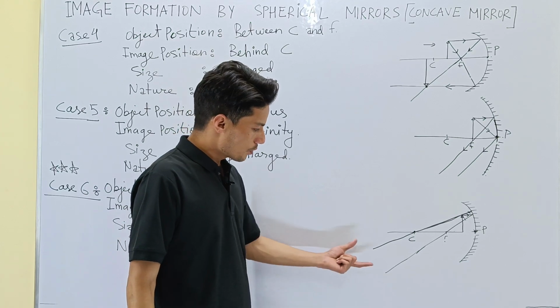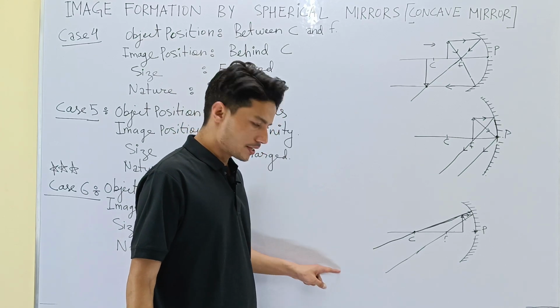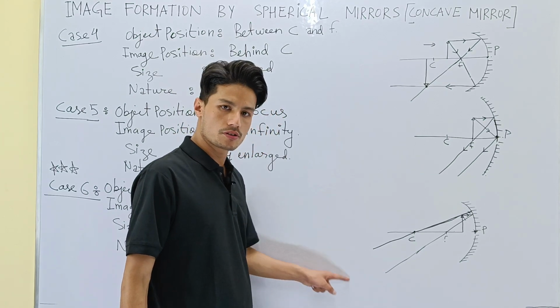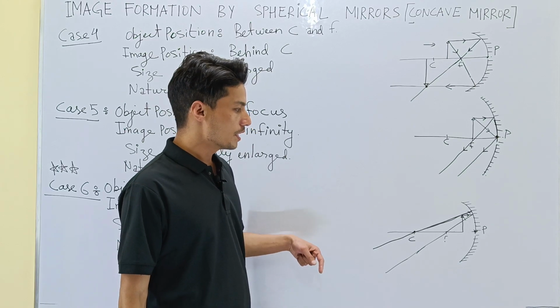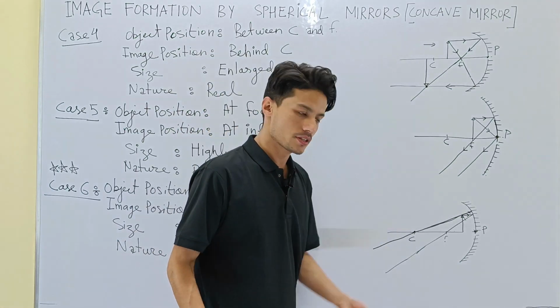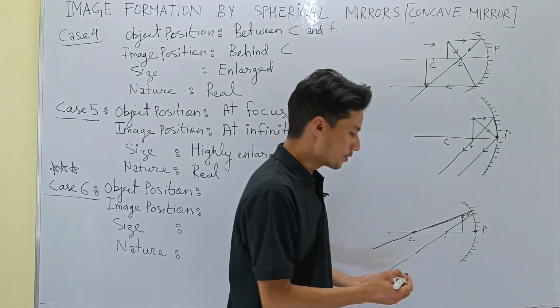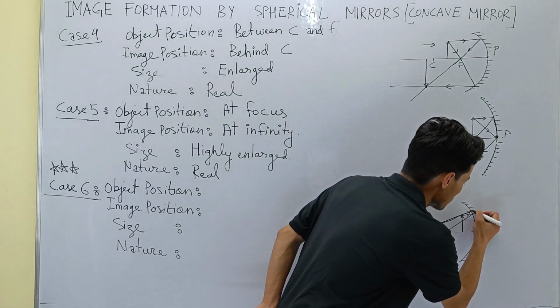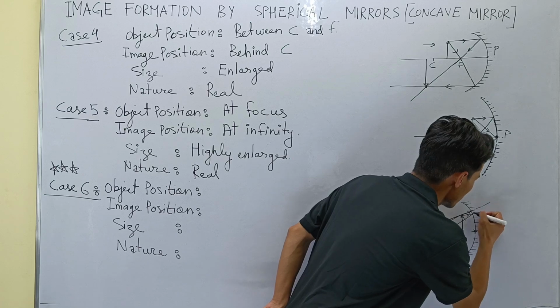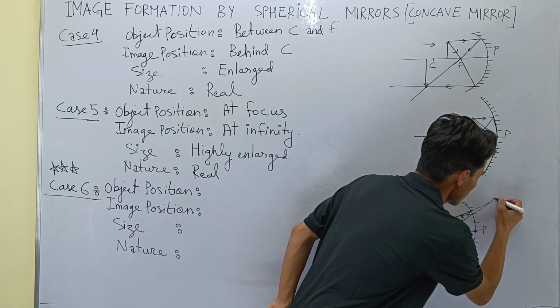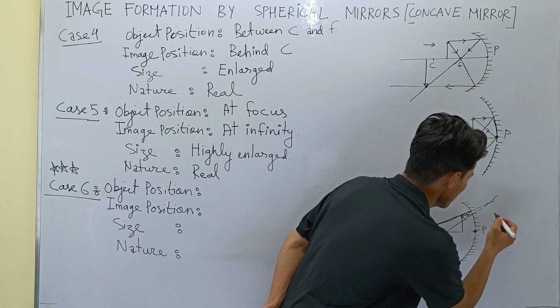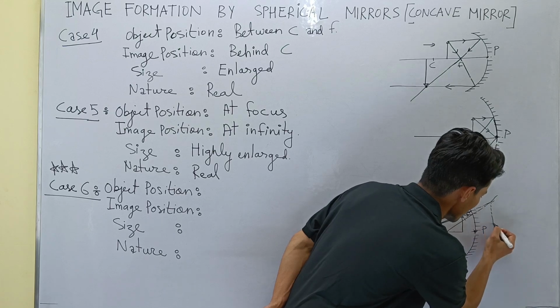They are never going to meet here, for sure. So we have to backtrace this. And if we backtrace, we can confirm that they are meeting behind the mirror, isn't it? So they are meeting behind the mirror, so the image is formed here, behind the mirror.